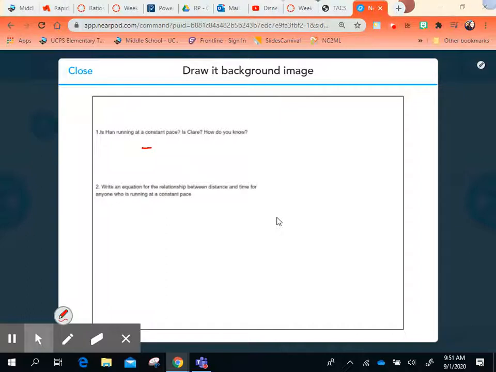First question, I write my answer. Second question, I write my answer. Third question, I write my answer. If you were typing it, you click type, and then you click one of those little dash buttons so that you can put in all 3 answers. It's like in reading. You want to make sure that you're answering all the questions, not just one.